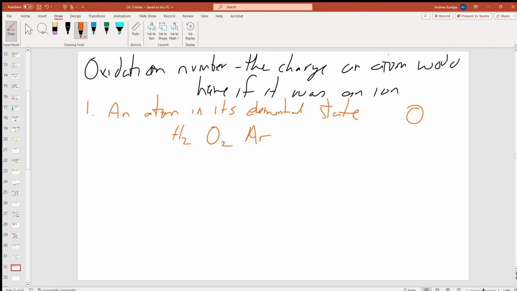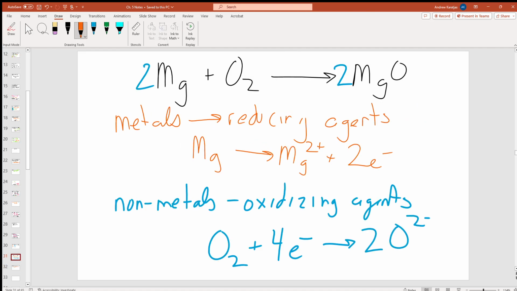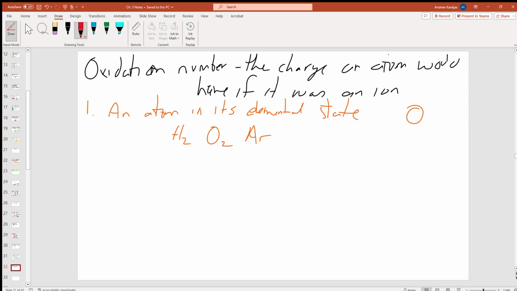So if you think back to our previous reaction, the one with magnesium and oxygen, both magnesium and oxygen are in their elemental states, and so they both have oxidation numbers of 0. All right, number 2.